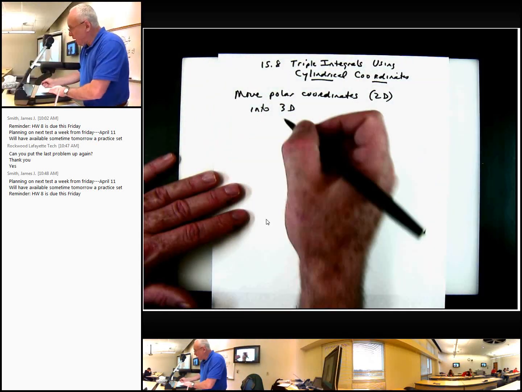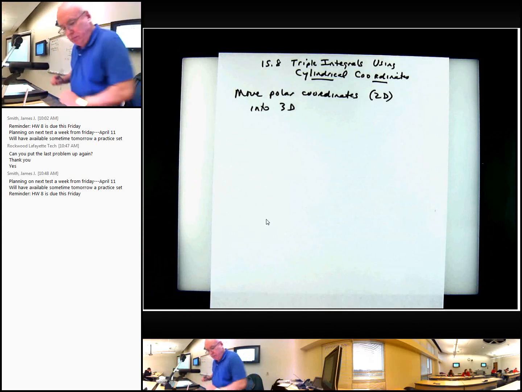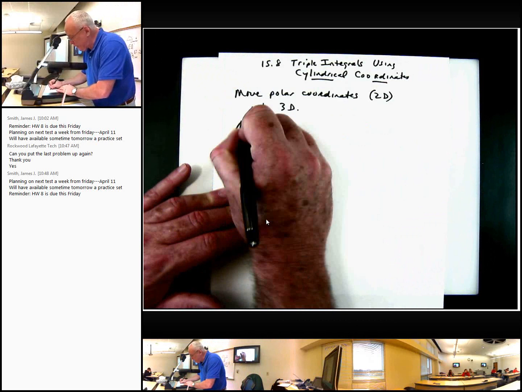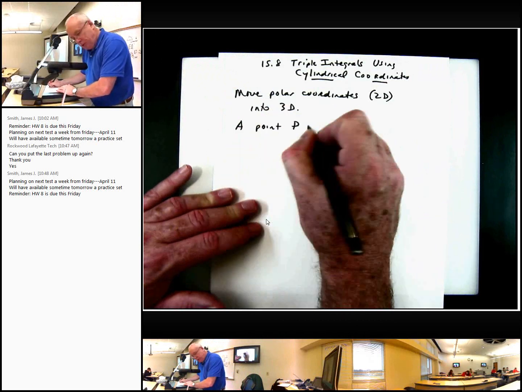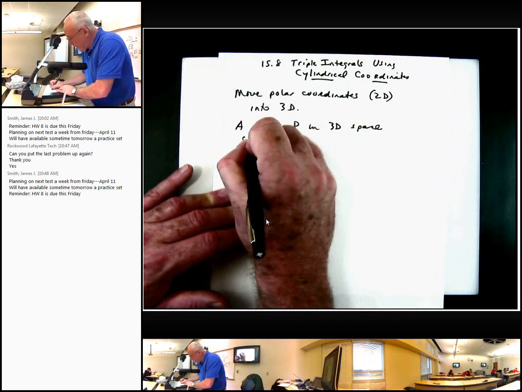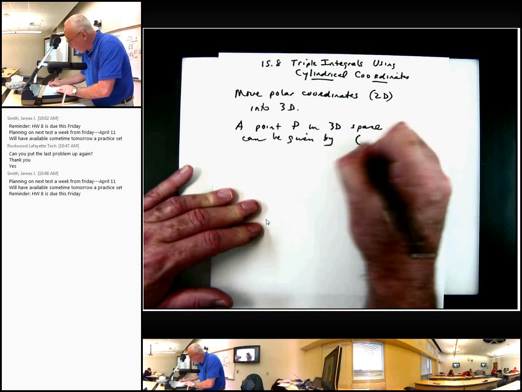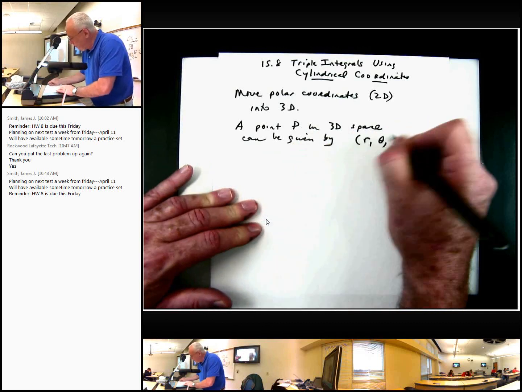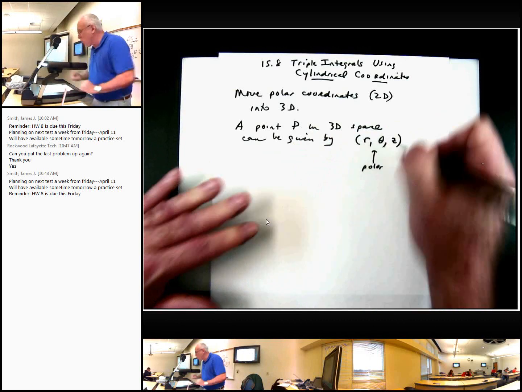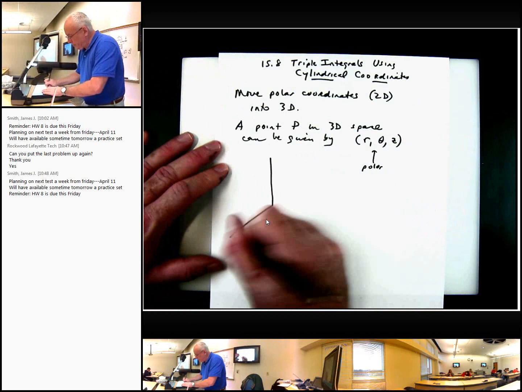So we've got 3 variables here that determine a point. So a point, we'll call a capital P, in 3D space can be given by r, theta. These are from the polar coordinates, but our last coordinate is z. So this is how it's represented in 3 dimensions.